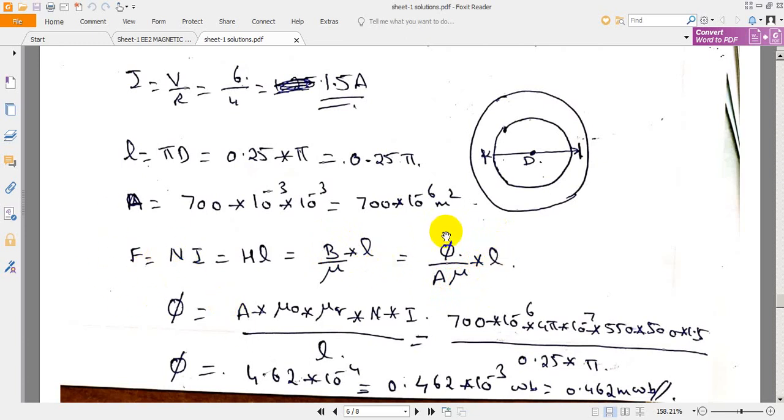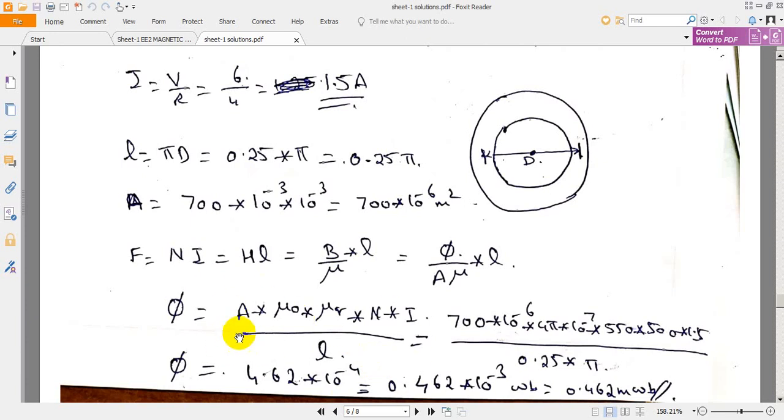Or simply, as we know the number of turns and the current flowing in the circuit can be calculated, we can write flux as phi equals A mu into Ni by L, that is, phi is equal to A into mu naught into mu R into N into I divided by length.